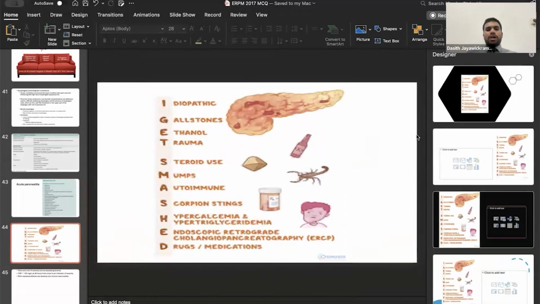Idiopathic, gallstones, ethanol, trauma, steroid use, mumps, autoimmune, scorpion stings, hypercalcemia and hypertriglyceridemia, endoscopic retrograde cholangiopancreatography (ERCP), and drugs. And this is not just idiopathic, it is idiopathic and inherent, such as pancreatic divisum and causes like that.